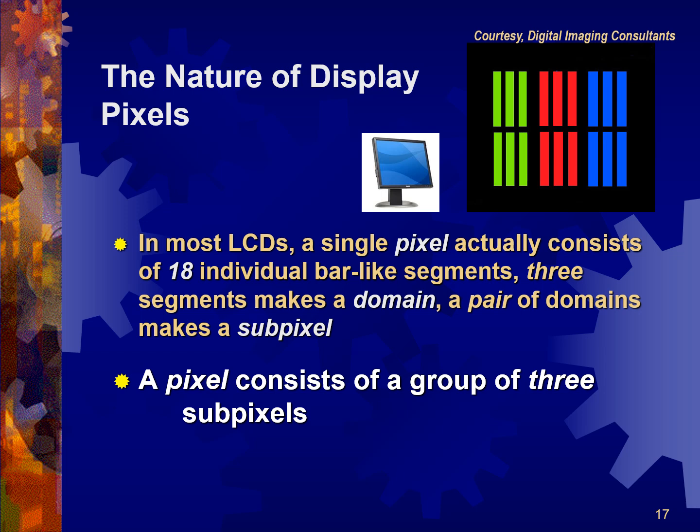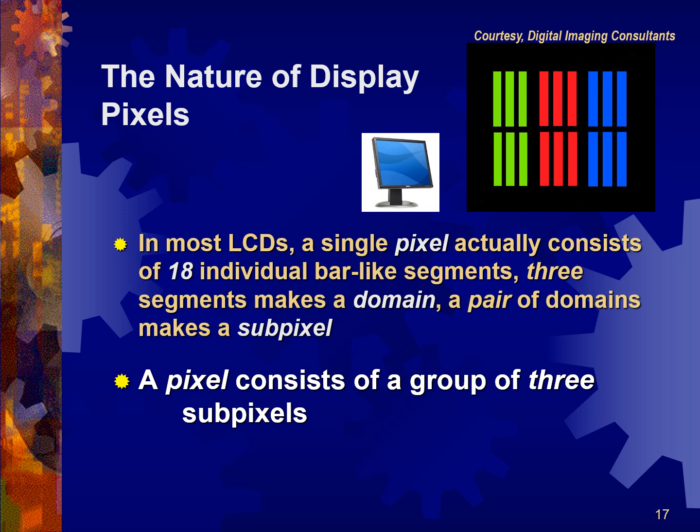Okay? So a single pixel is actually 18 different subsegments. All right, so the pixel is actually 18 different cells, like we described on the previous slides. 6 of the cells are colored green, 6 of the cells colored red, 6 of the cells colored blue. Okay? And so 3 segments make a domain, a pair of domains makes a subpixel.